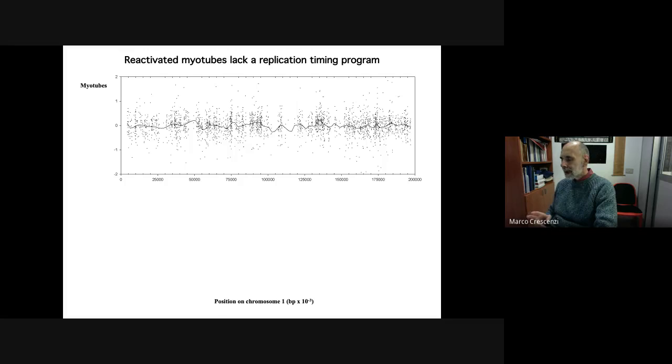you probably know that DNA replication does not occur all at the same time. Some regions of DNA are replicated earlier during S phase. Some others are replicated later during S phase. What is replicated earlier and later is typical of a given cell type. Every cell type has its own pattern of early and late replication. Why is that? Because it correlates with gene expression.